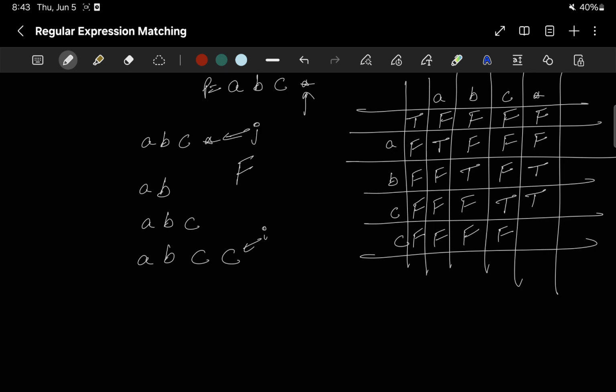Now you will compare. Now you know that because it's A, B, C star and S has A, B, C, C, if I just try to find what the answer was for the same J, like for star, for ABC star, what the answer was till ABC. If you know what the answer was till ABC, you will know that the same answer will apply for ABCC, right? Because you know that it will apply, correct?